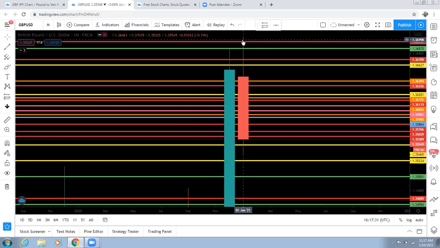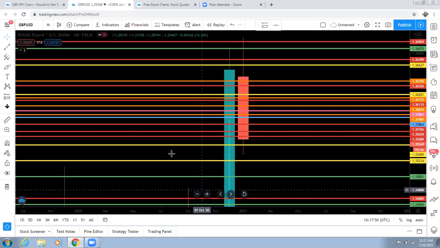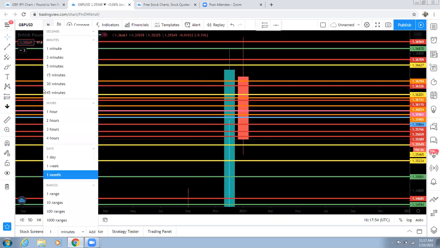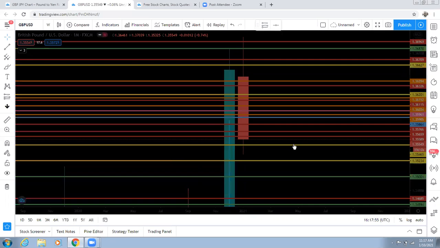It rejected the 30-minute, right? But on a higher level, on a monthly level, it's been a red, a sell candle. So from a monthly standpoint, I should be looking for more sells than buys.